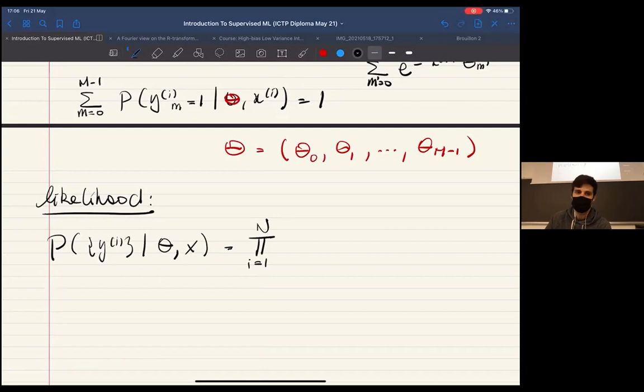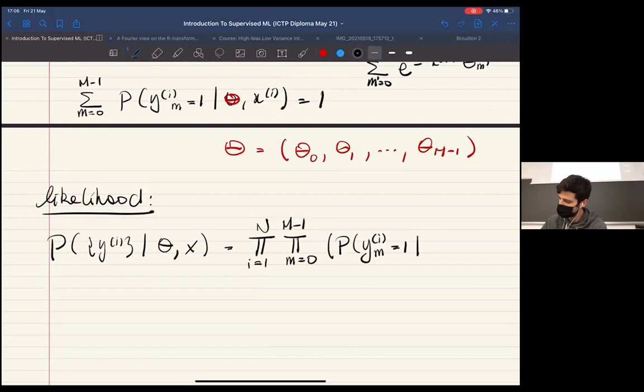And here, now we have a product over m equal to 0 up to M minus 1 of the probability of y_i,m equal 1 given theta and xi, to the power y_i,m.